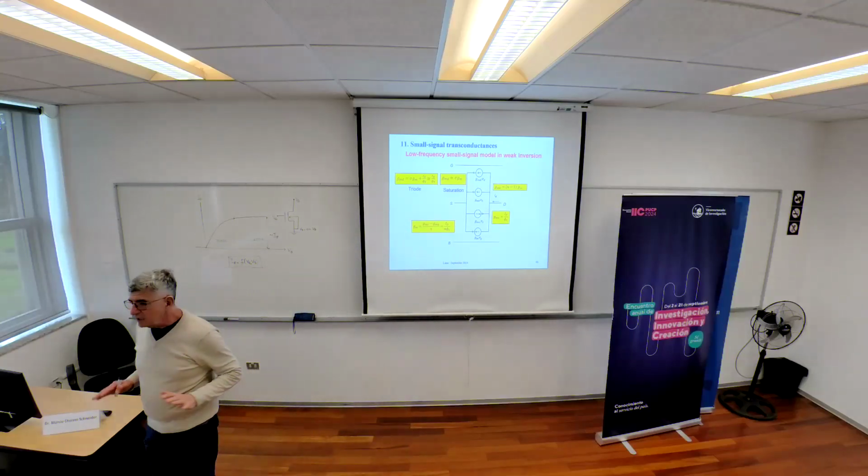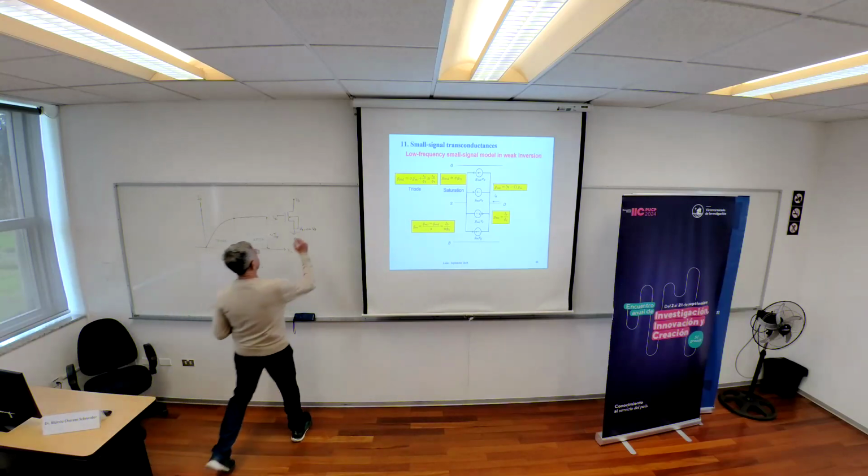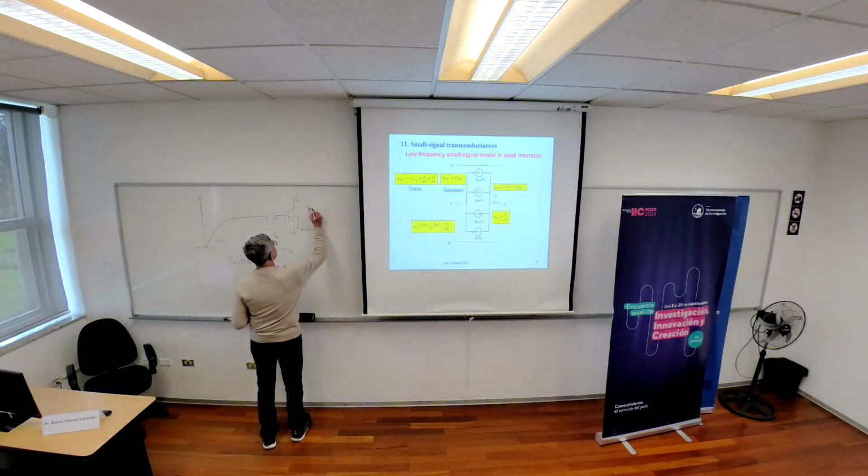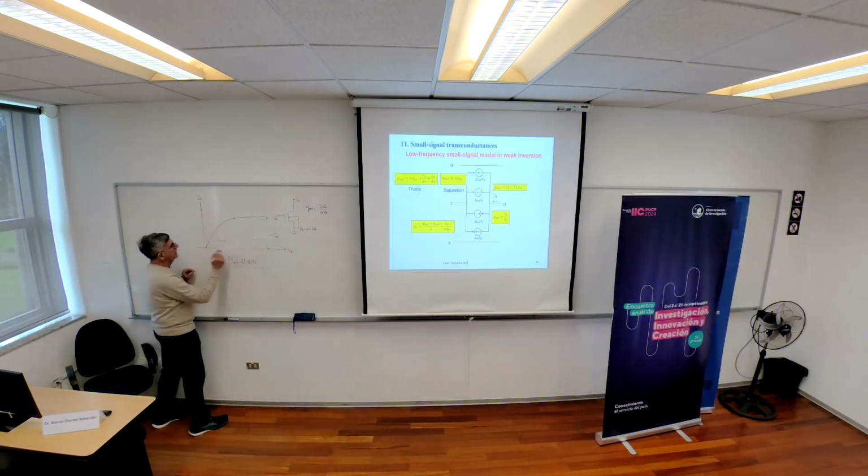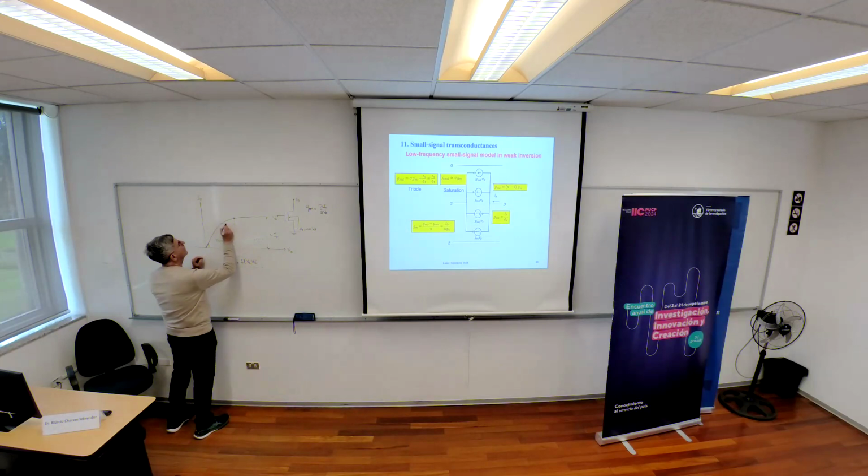What's GMD? Oh, GMD is the derivative of ID with respect to VD, right? So, what's GMD? GMD is the slope of the curve. You have one GMD here, another one here, another one there.